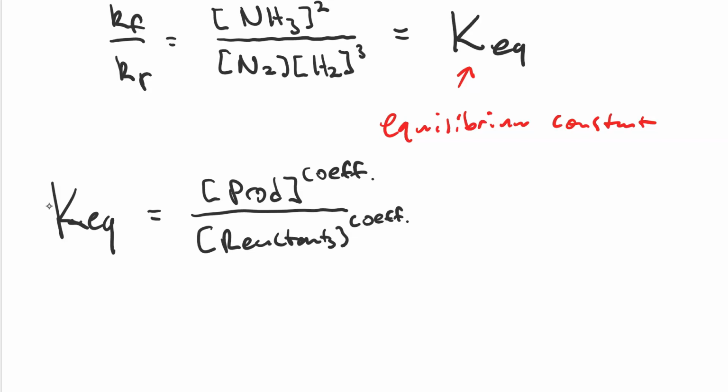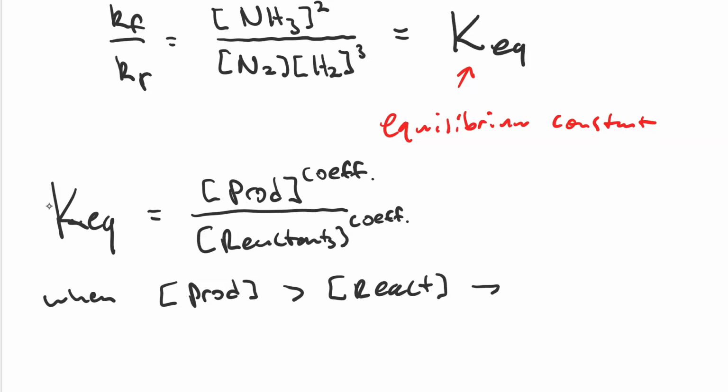Now, let's think about it. Let's say you have more products at equilibrium than reactants. That would give you a KEQ greater than 1.